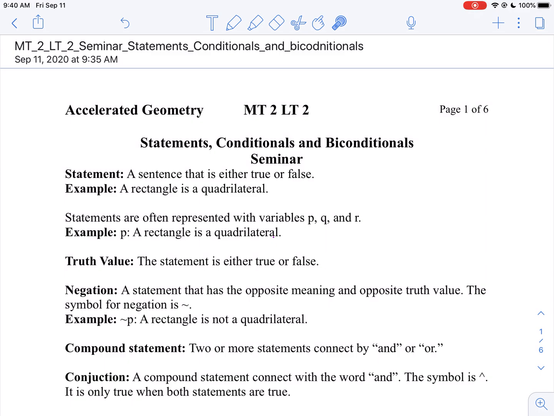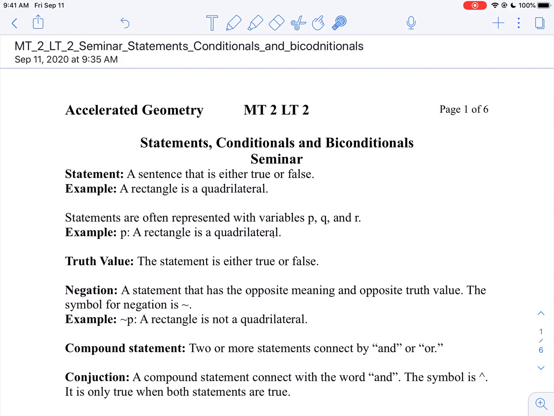Now, we represent statements with letters. P, Q, and R we tend to use a lot in geometry and logic specifically. So instead of writing a rectangle is a quadrilateral, I'll put it as P. The truth value I've talked about is either true or false. A negation is where you put the opposite. So a rectangle is a quadrilateral is a statement.